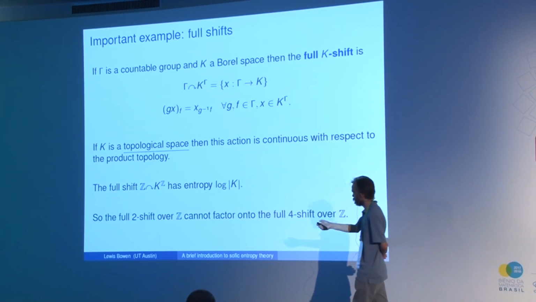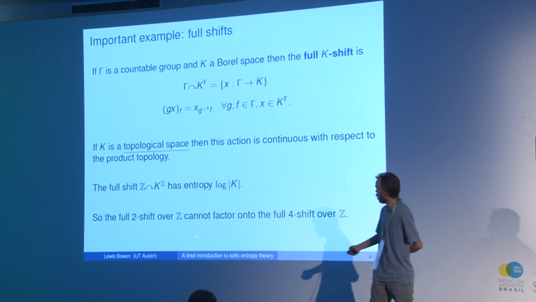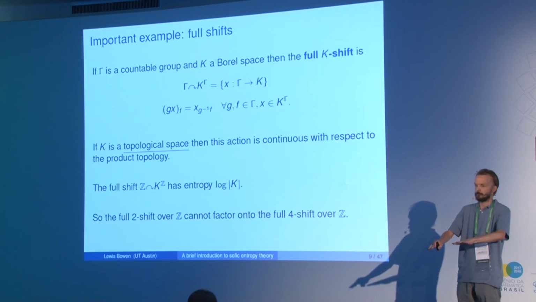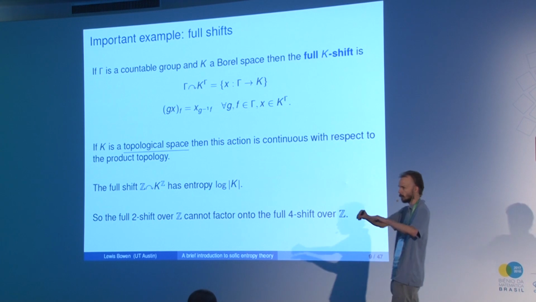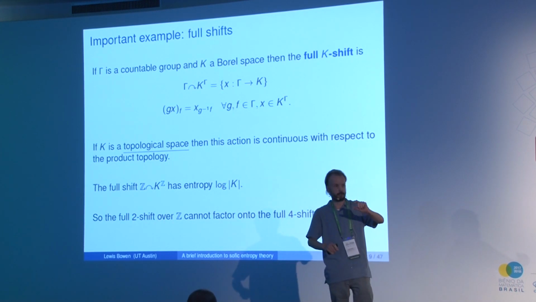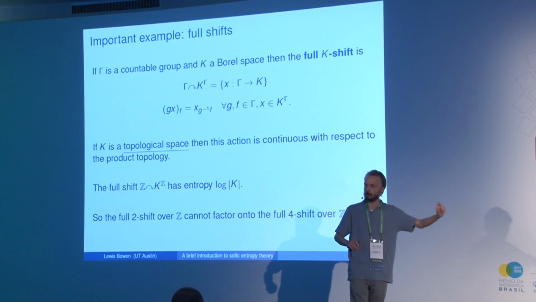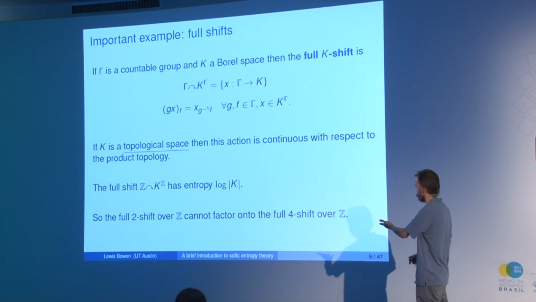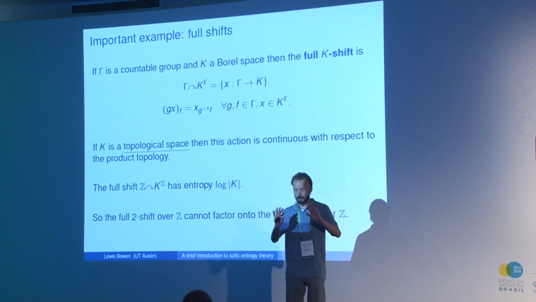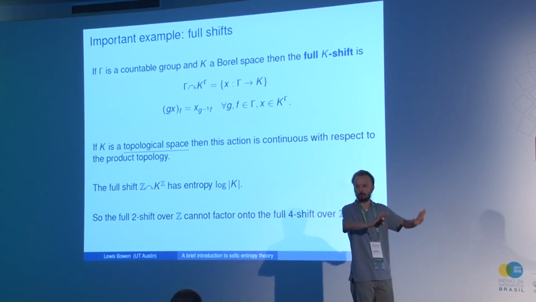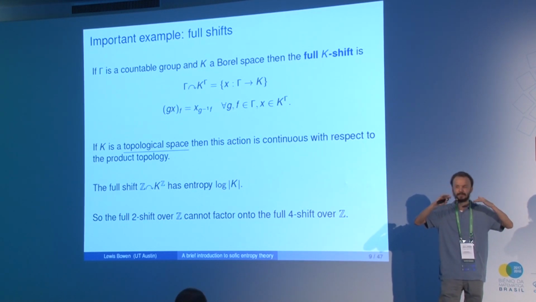And so in particular, what we get out of this is that the 2-shift, when we just have 2 elements, cannot map onto the 4-shift. That would increase entropy. The 2-shift is like saying we have 1 bit of information per group element, and the 4-shift is saying we have 2 bits of information, and we can't increase information by putting on some sunglasses and forgetting something.